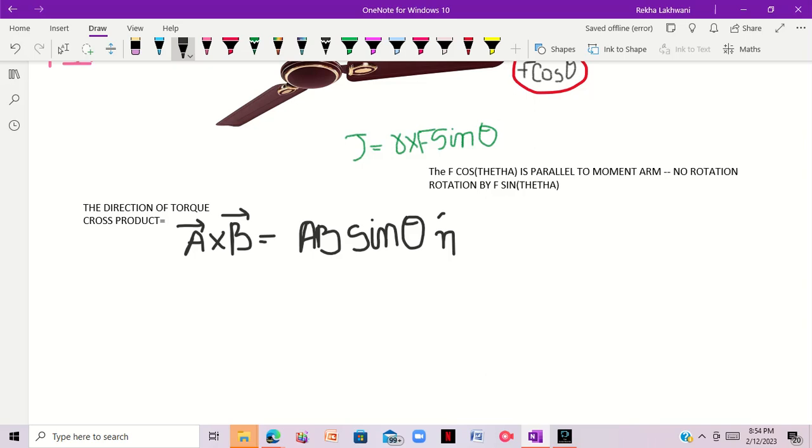And what is this n cap? This is also known as a unit vector.